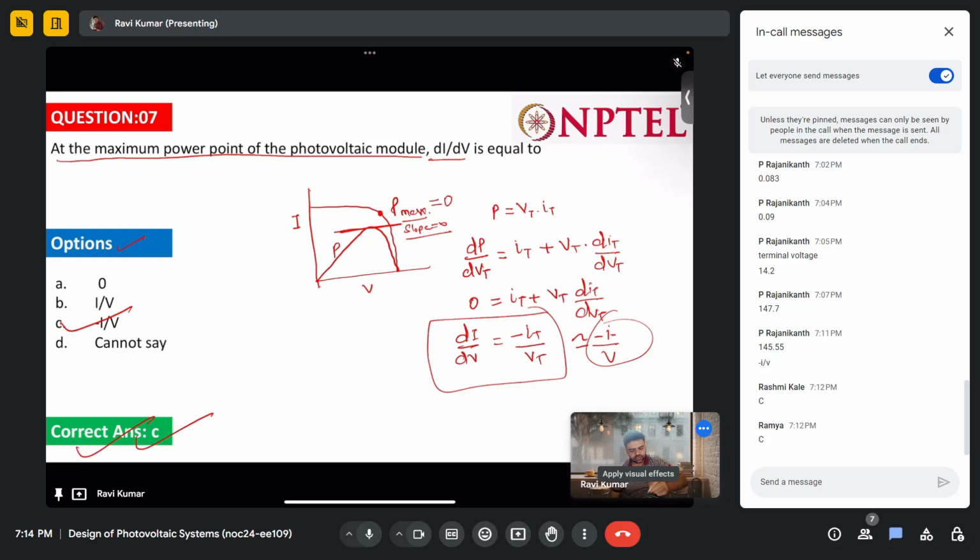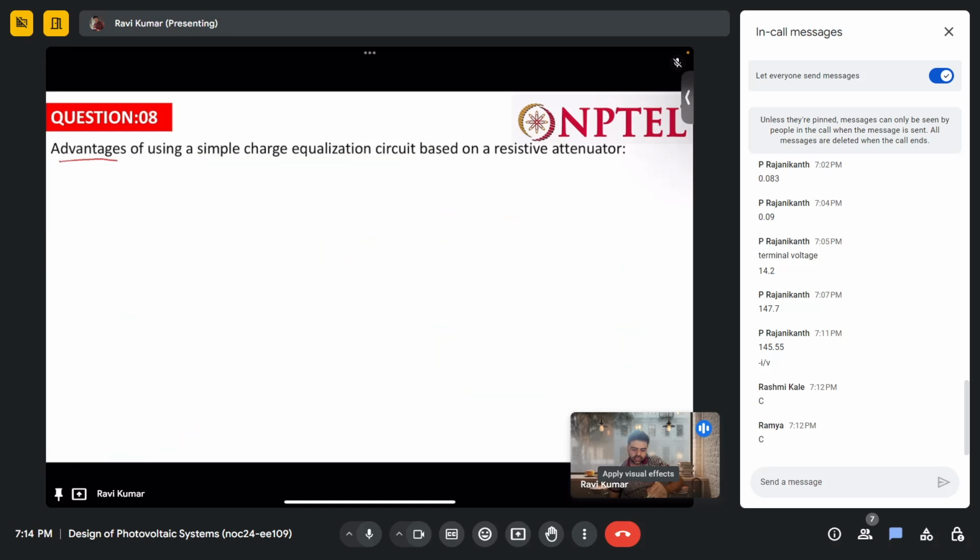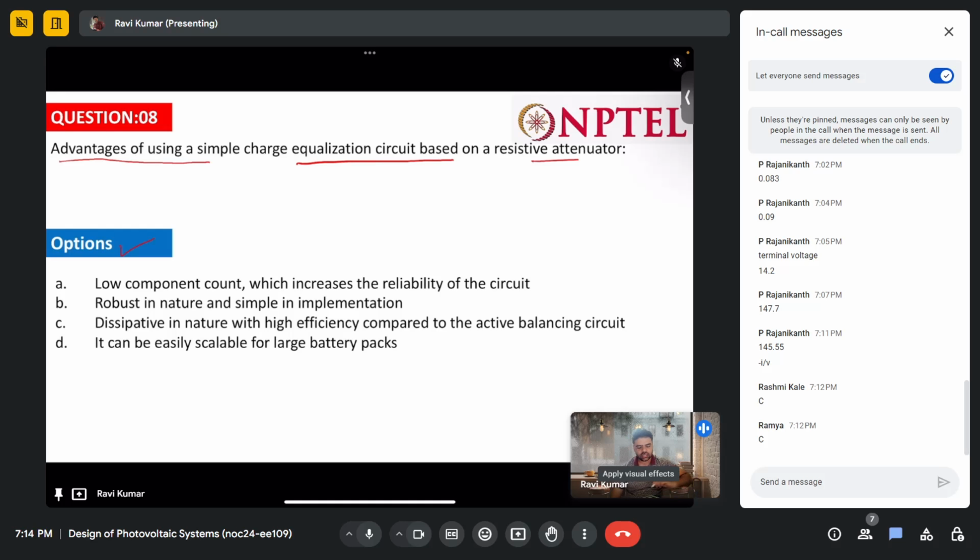Let's move to the next question, which says the advantages of using a simple charge equalization circuit based on a resistive attenuator are, and these are the options. It is like this: we have a battery, then another battery, then another battery, and we simply have a resistance here, resistance here, resistance here.